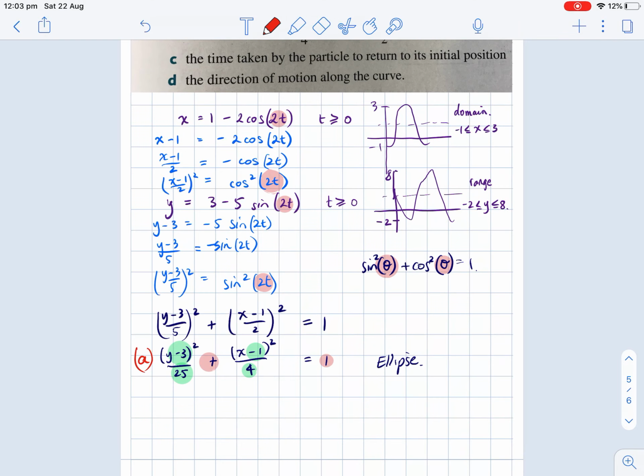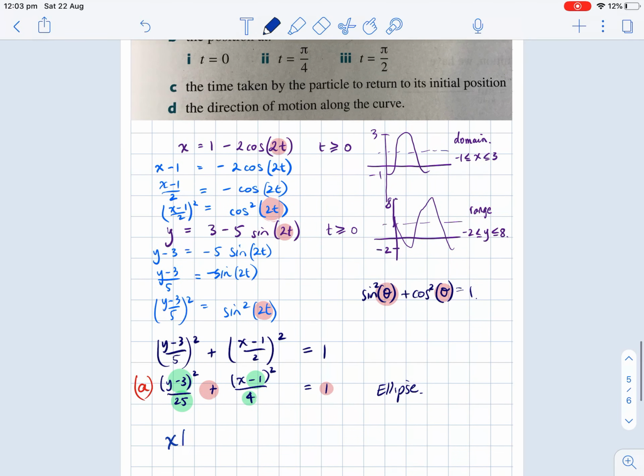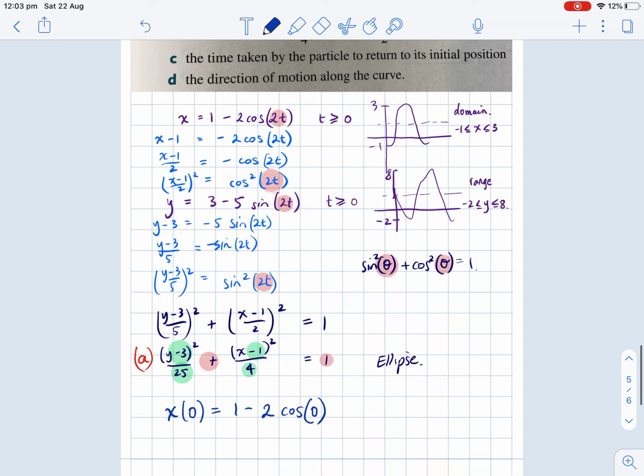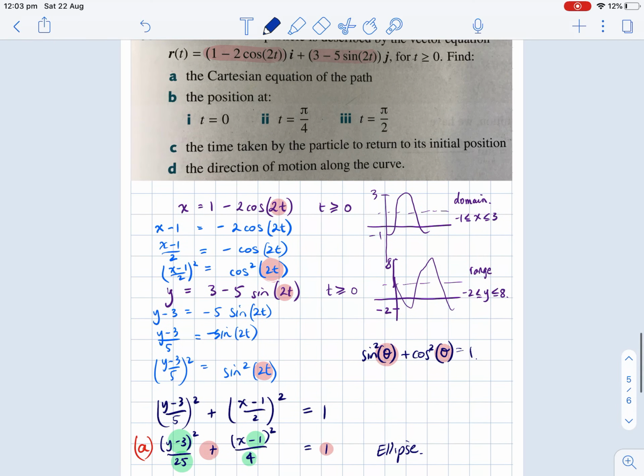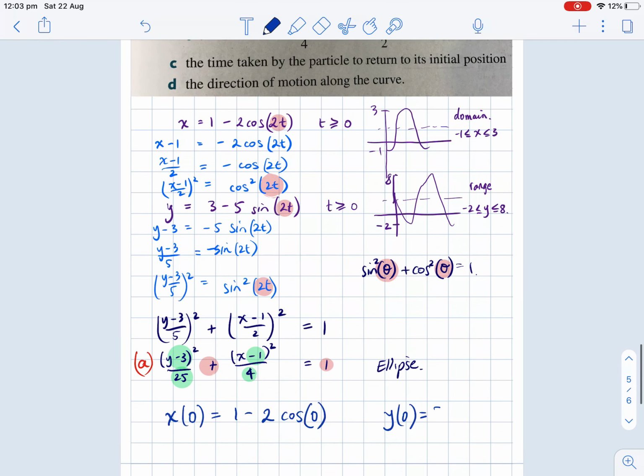So if I want to find the position, this is where I need to use my x equation, and at t equals 0, if I substitute 0 into the x equation, I get 1 minus 2 cos of 0. Substitute 0 into the y equation, and I get 3 minus 5 sine of 0.